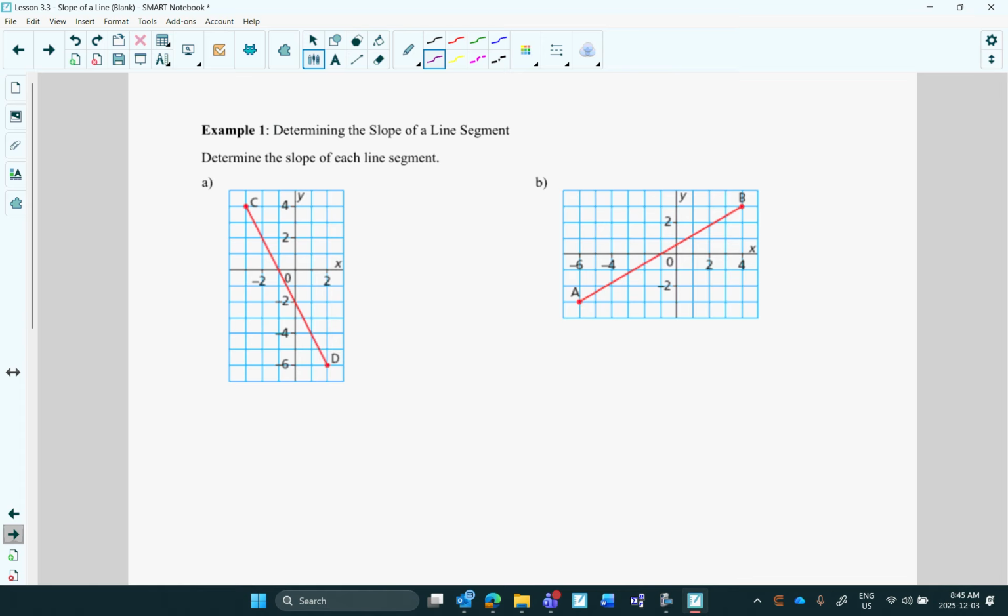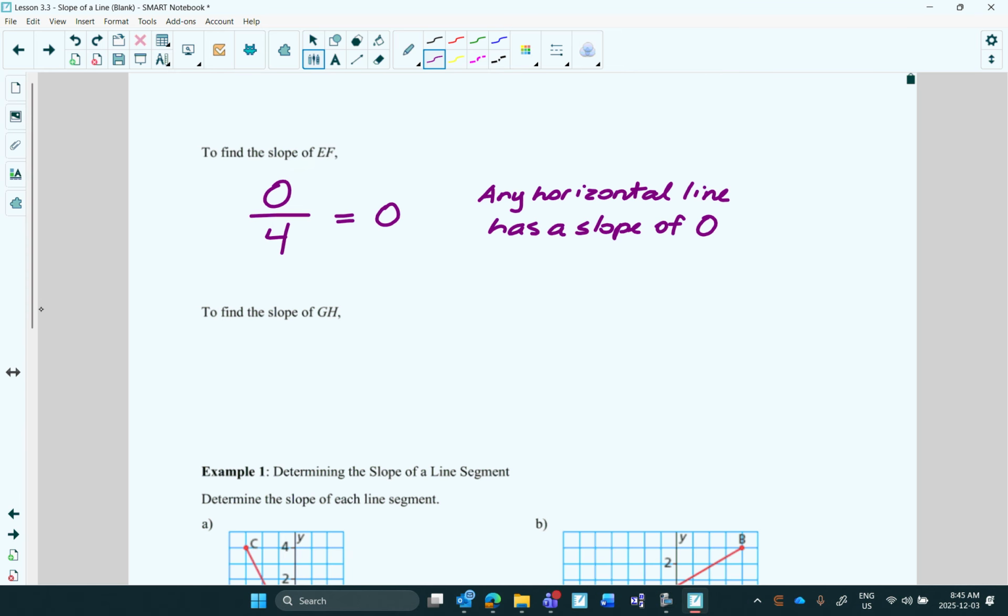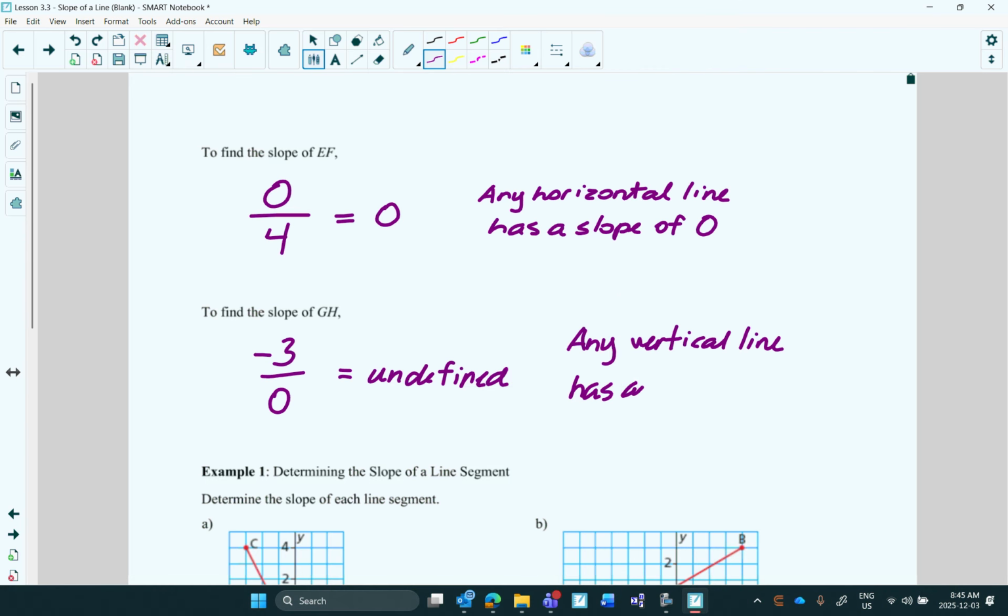So therefore, my slope, I move down -3 divided by how much I move horizontally. And what's -3 divided by 0? Undefined. Can't divide by 0. So any vertical line or line segment has an undefined slope.